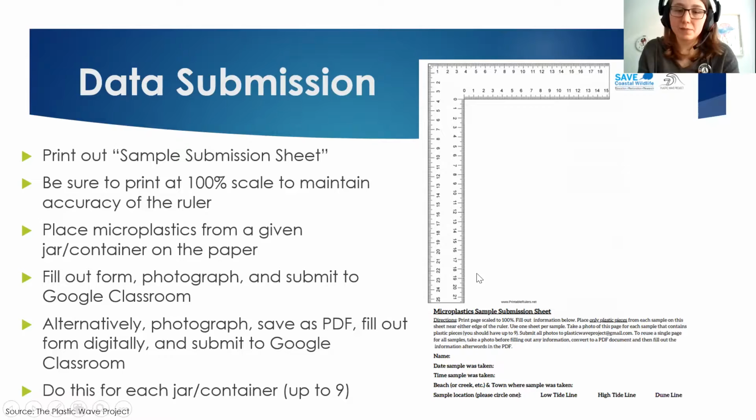So if you save it as a PDF, you can submit it that way. You could save it as a PDF and then submit it to the Google Classroom. So again, one of these for every sample that was positive. So if you had 5 positive sample jars, you would have 5 of these forms to submit along with the other form we looked at on the previous slide.